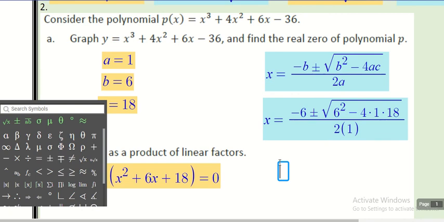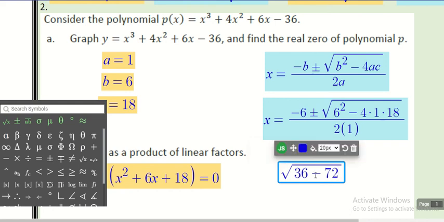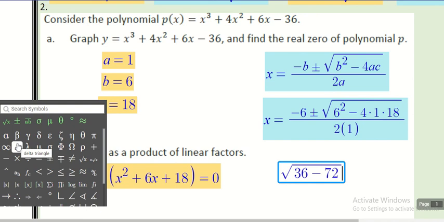So a square root of 36 minus 4 times 18, which is actually 72. So 36 minus 72 is negative 36.